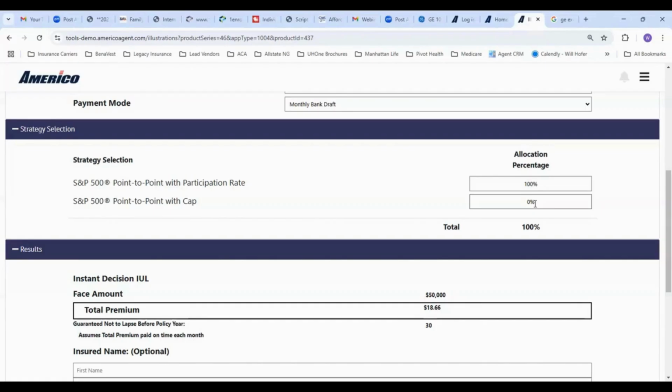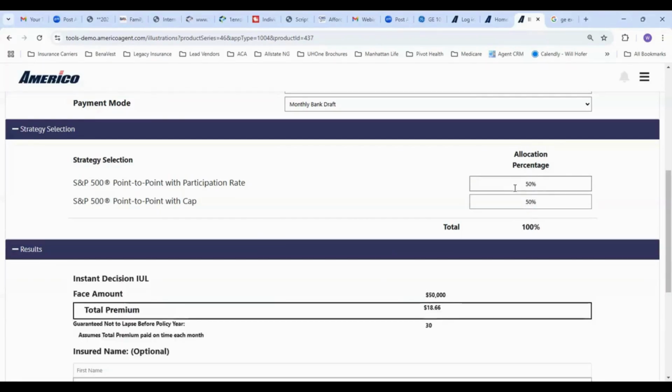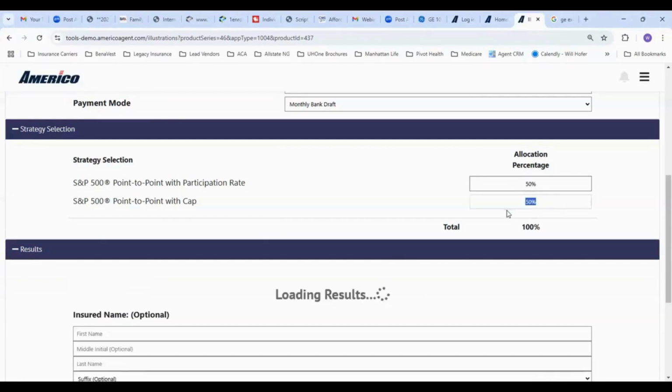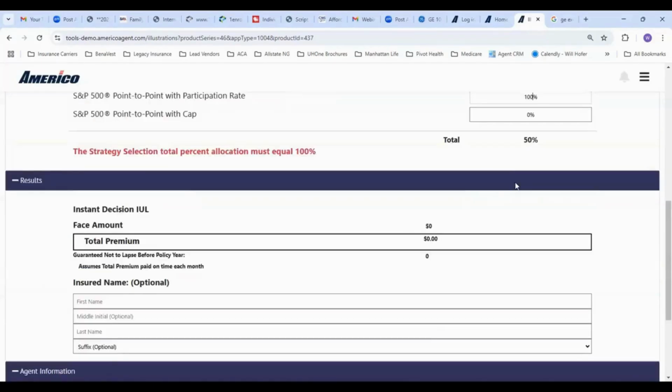So if, let's say, this year the S&P 500 really takes off, the client has an opportunity to make a significant amount of gains. You can decide if you want to do 50-50 on the cash value on this. That's fine, as long as it totals up to 100. I personally just do 100% participation rate.